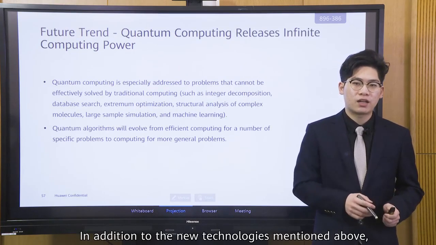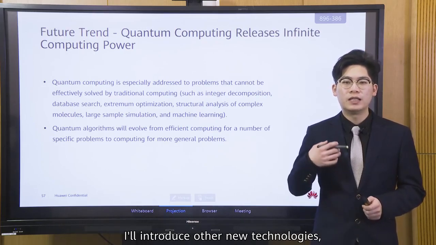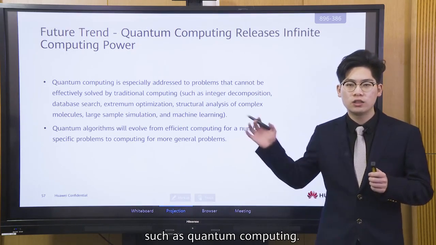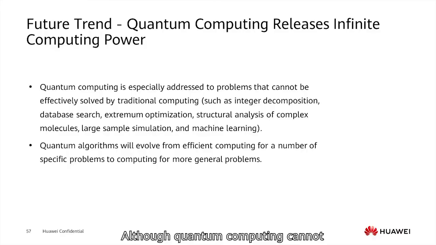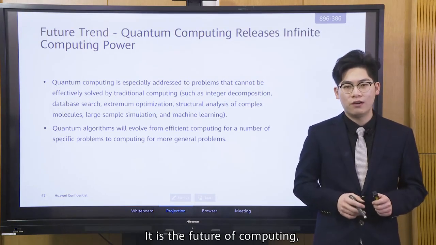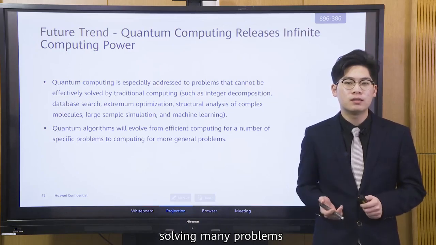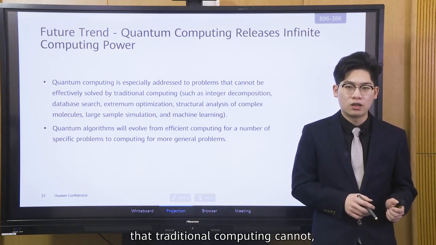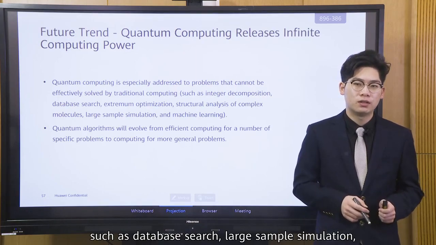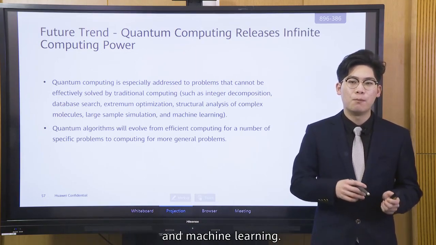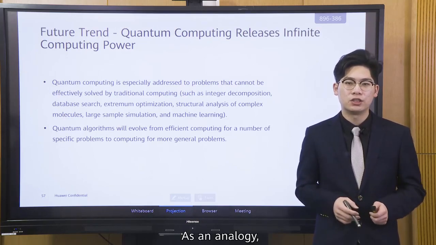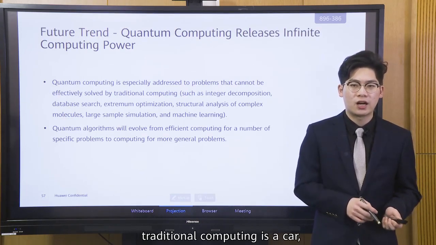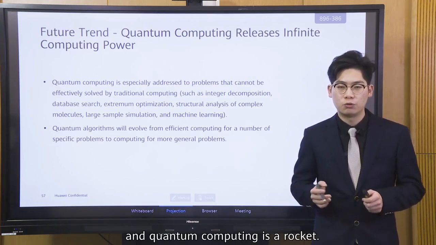In addition to the new technologies mentioned above, I will introduce other new technologies such as quantum computing. Although quantum computing cannot replace traditional computing in the short term, its prospects are bright. It is the future of computing, solving many problems that traditional computing cannot, such as database search, large sample simulation, and machine learning. As an analogy, traditional computing is a car, and quantum computing is a rocket.